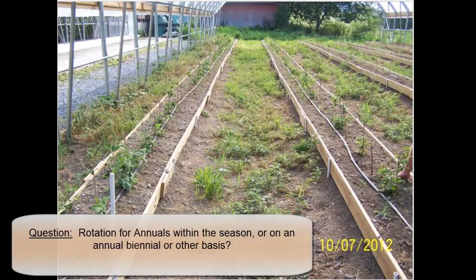Okay, and then the next one on rotating for annuals within the tunnel. Yeah, and I'm not sure what they're after, but my thinking is this: if I move my tomatoes from the bed over here on this side of the high tunnel this year to the bed on the other side of the high tunnel the next year, and for example, my concern is tomato leaf mold, I really don't think I'm going to get very much benefit from that rotation.